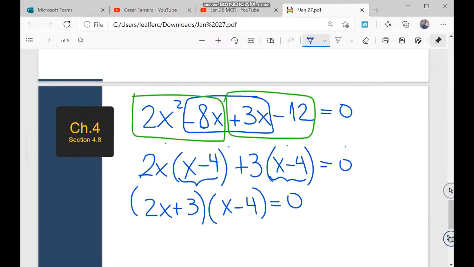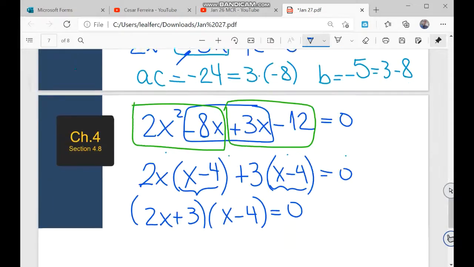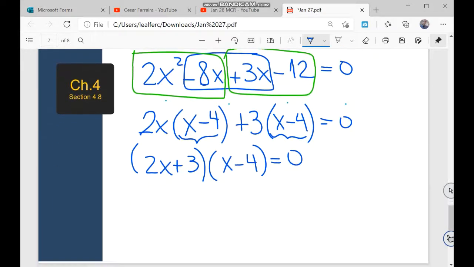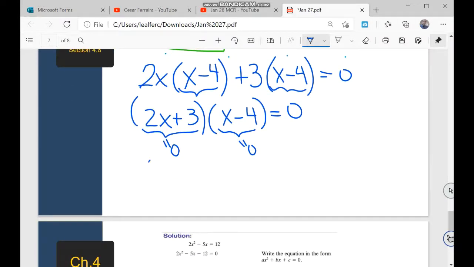And now we will use this thing here, the zero product rule. That means for this whole thing here to be equal to 0, this one needs to be equal to 0, or this one needs to be equal to 0. Let's make x minus 4 equal to 0. Then x equals 4.